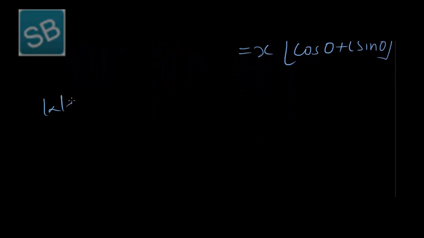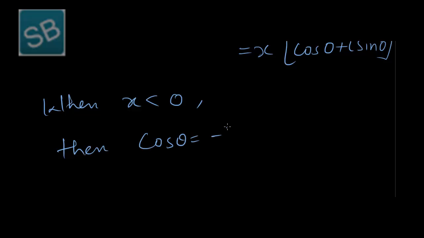Now the second case is when x is less than 0. Then cos theta is equal to x over mod x, that is negative 1, and sin theta is equal to 0.